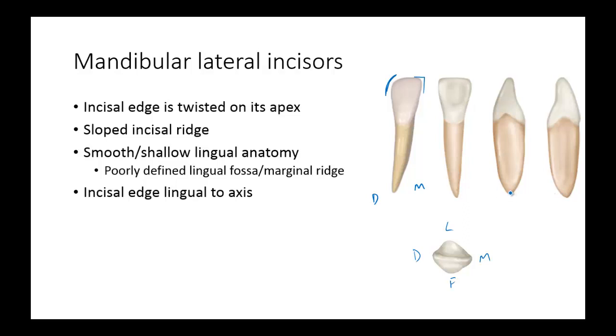You can't really tell as much in the mesial view, which is what this is. But you remember, as you go from mesial to distal, it's curving lingually. So if you look at it in the distal view, it's pretty obvious that it's going to be more lingual. Not as apparent in the mesial view, but as you go distally, it's going to curve more lingually, and you will see that the incisal edge is lingual to the axis.